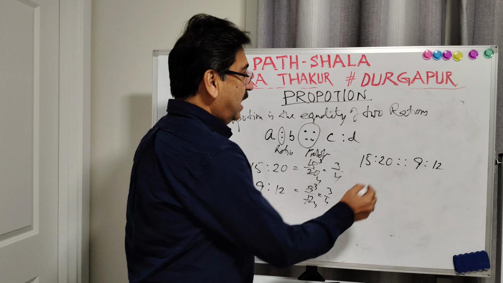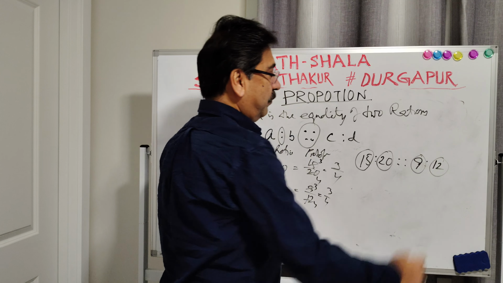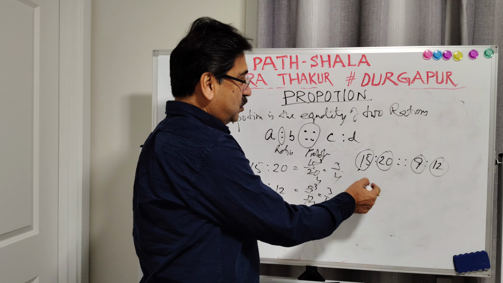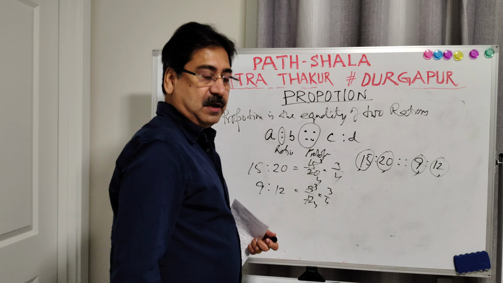Right? There are first, second, third, fourth. This is called the first proportional, this is the second proportional, that is the third proportional, that is the fourth proportional, right?